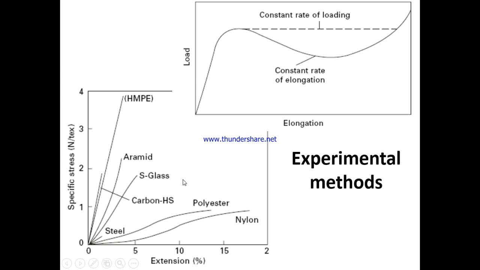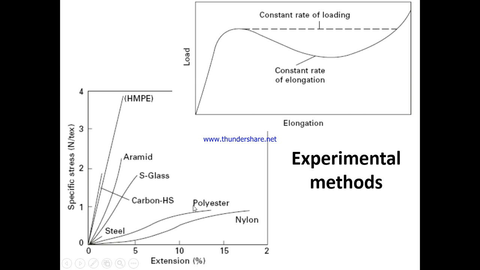From this graph it can be seen that nylon and polyester have very poor specific stress or strength, whereas steel, carbon, S-glass, aramid, high molecular weight polyethylene are the high performance fibers showing high strength.